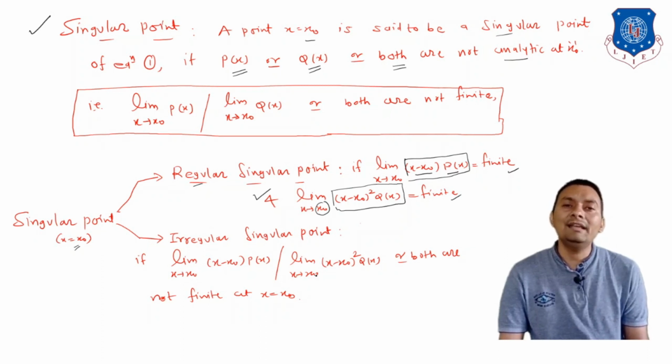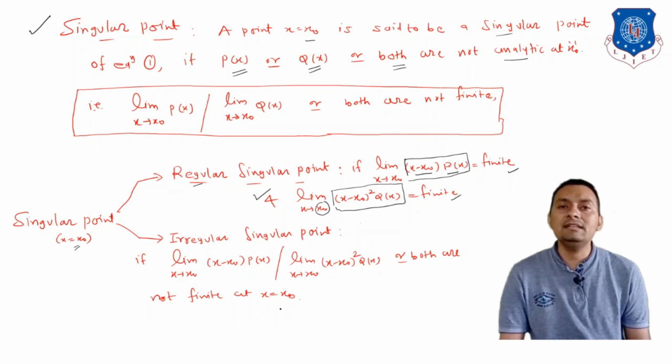Now, if the limit as x tends to x0 of (x minus x0) P of x or the limit as x tends to x0 of (x minus x0) square Q of x, if one of them is not analytic at x is equal to x0, that means it is not a finite quantity, then definitely we can say that the point is nothing but an irregular singular point.